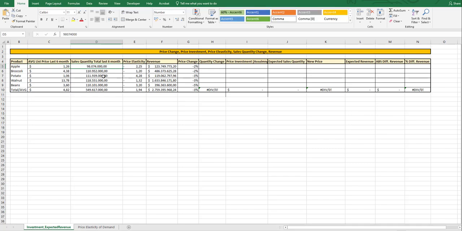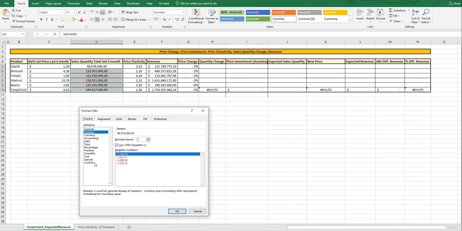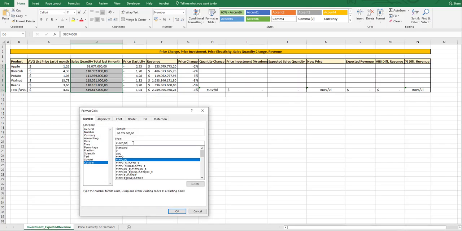The total sales quantity in the last 6 months was 98,074,000 kilograms. This looks nice, but here I can show you a trick how to format the cell so that it shows kilogram. You write kg.